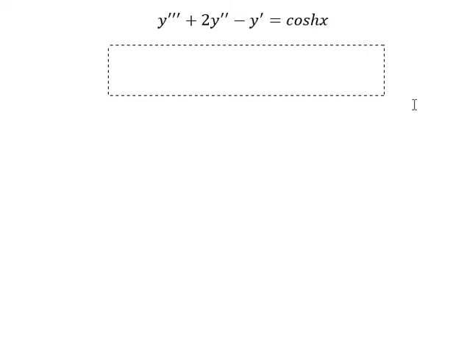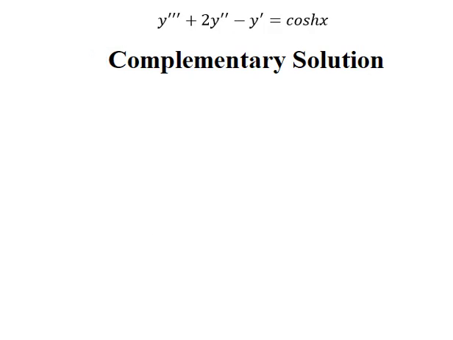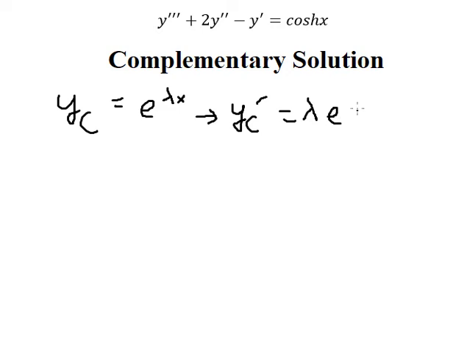First, we need to find the complementary solution. So I will put yc equals e to the power of lambda s. Then we take the first derivative of this, and we have lambda e to the power of lambda s.